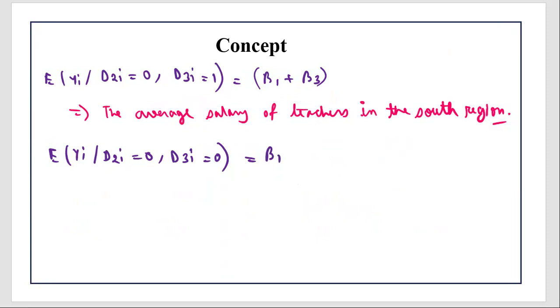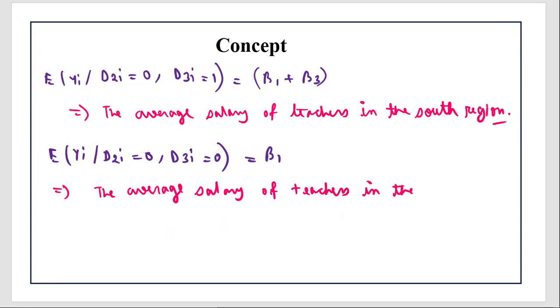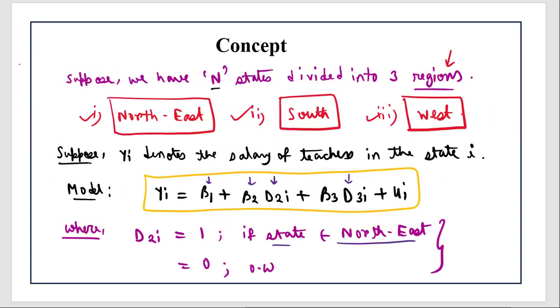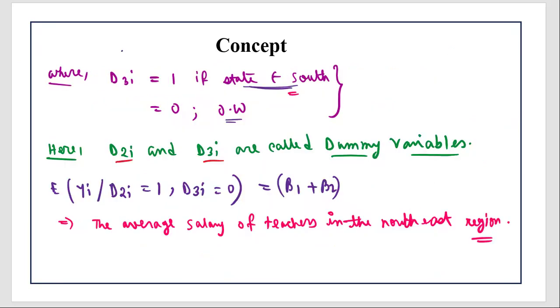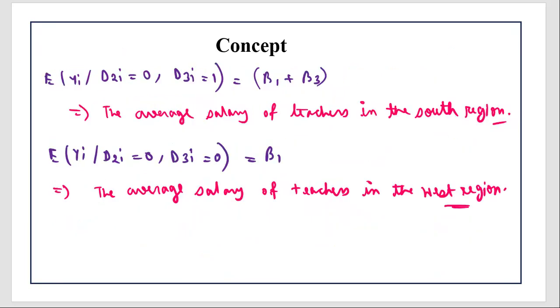It will only come out to be beta 1, and this will give you the average salary of teachers in the west region. We have not introduced any dummy variable for the west region. We have only introduced dummy variables for the northeast region and the south region.